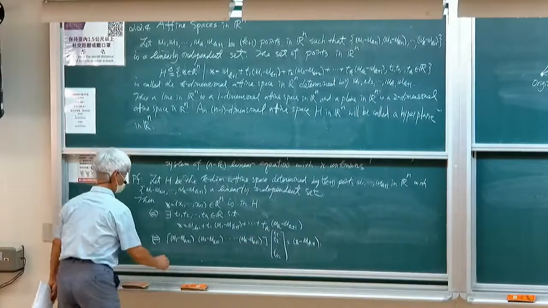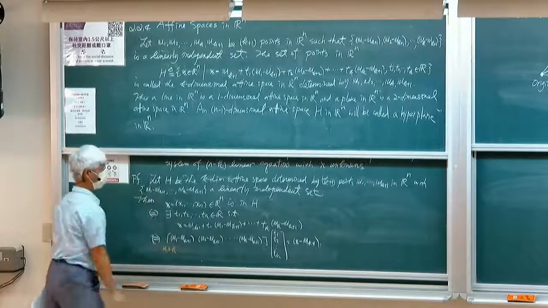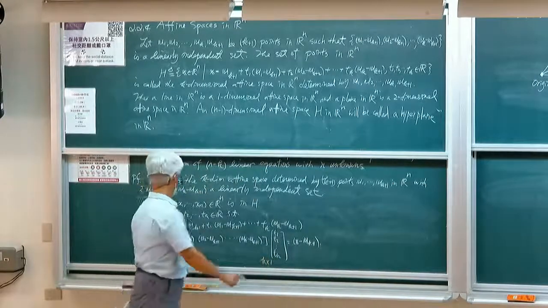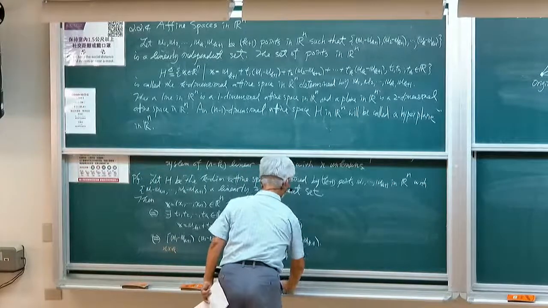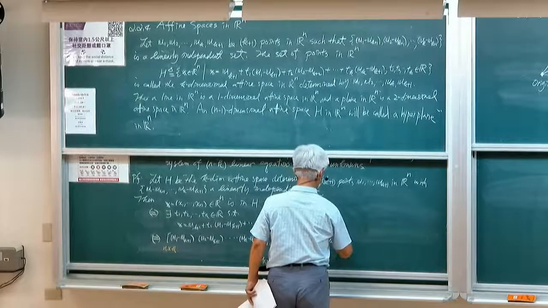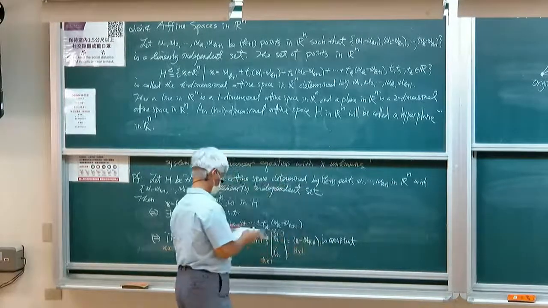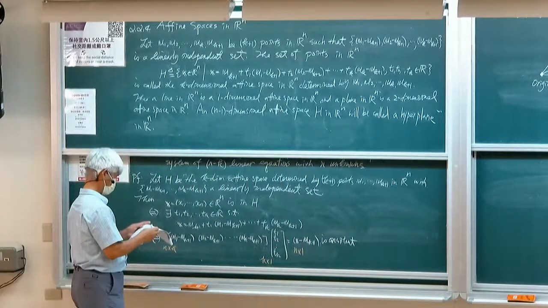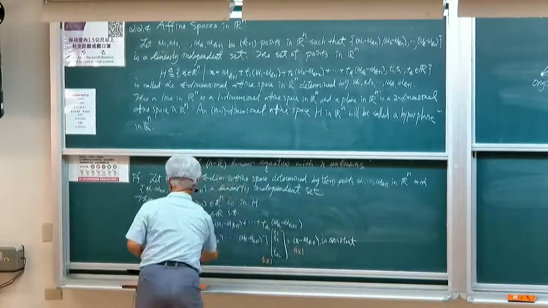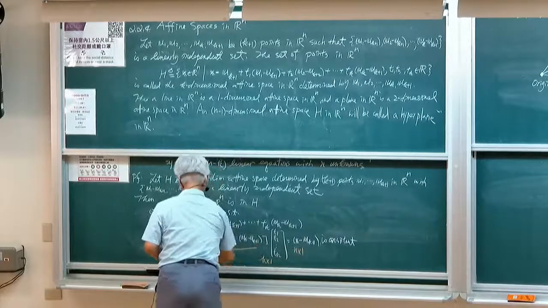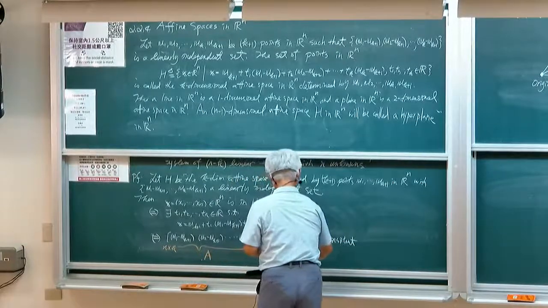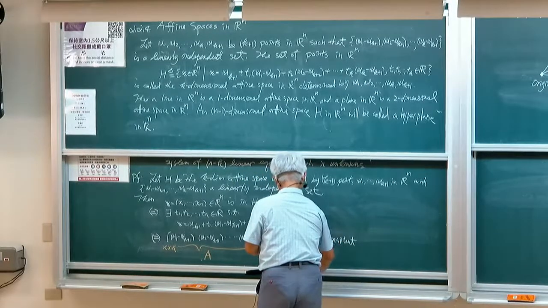This is a matrix of dimension n times k, and the unknown vector is k times 1, and this one is n times 1. So we ask that this linear system is consistent. We call this coefficient matrix A, this is the T vector, and the right-hand side is B here.